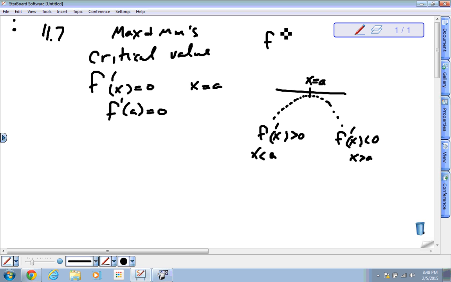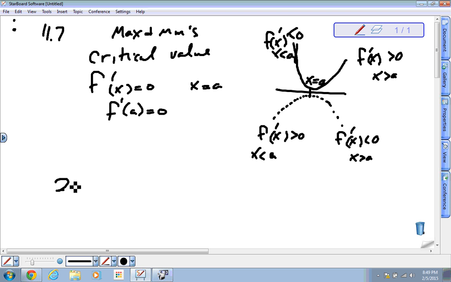Of course, if you had it the other way around, f prime of x less than 0 when x is less than a, then you'd have a situation kind of like this, so it's decreasing, and then it begins to increase at x greater than a. This would be a minimum. So that's one way to do it, and that's the first derivative test.